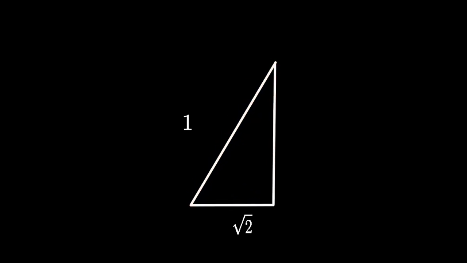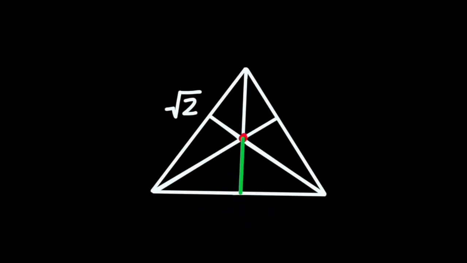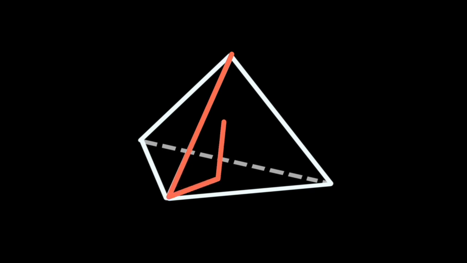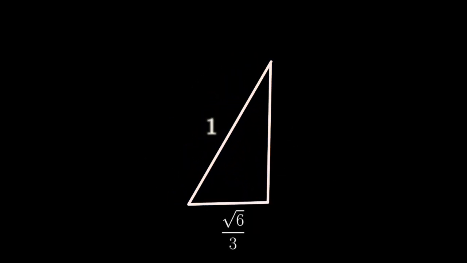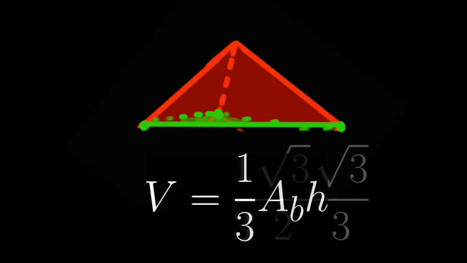We already know the hypotenuse is 1, as is the side length of the unit cube. And as for the bottom, we can cut the base of that equilateral triangle like this to easily see that that length is root 6 over 3. Then we can use Pythagoras on this triangle to work out that the height is going to be root 3 over 3. And subbing all of that into the formula, we get that the total volume is 1/6.